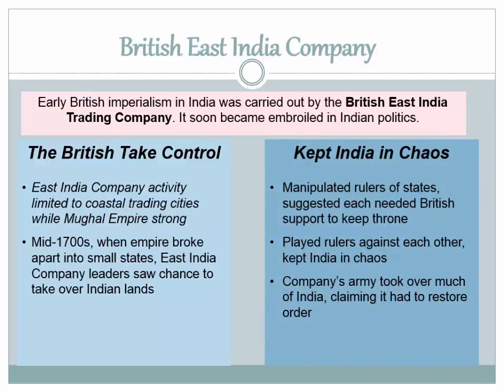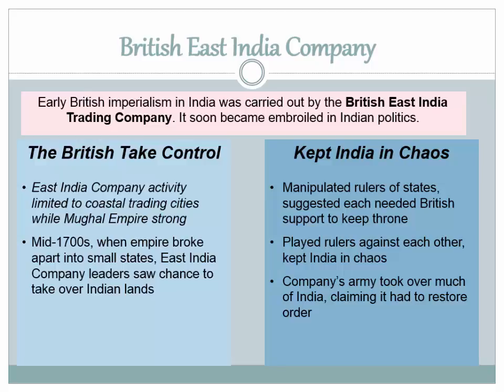So they manipulated rulers of these states. They took these Rajas and manipulated them into thinking they were in control, but they were literally under British control. And if you need to keep your throne, somebody else is going to throw you out, so you need our protection to keep your control.